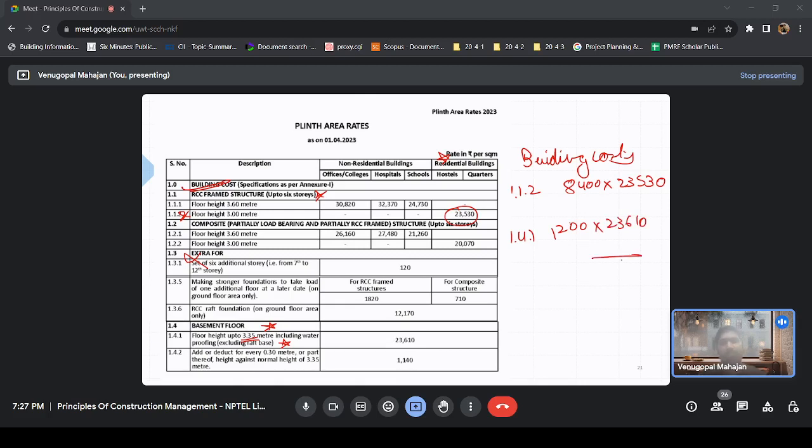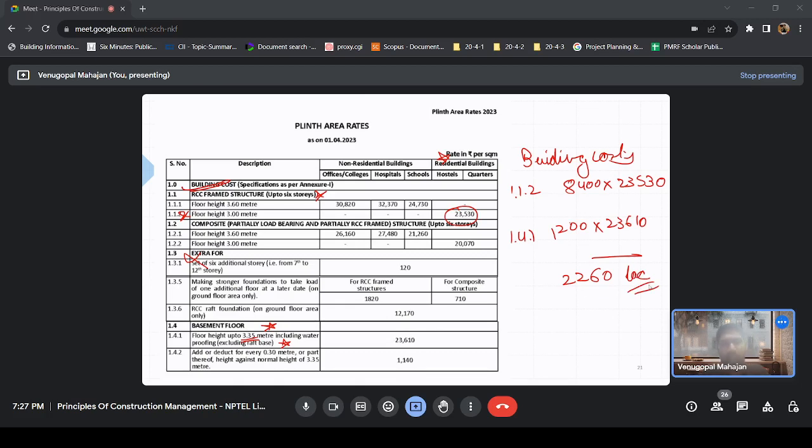So what is the total building cost? ₹22 crore. Okay, 2260 lakh. Will this work?